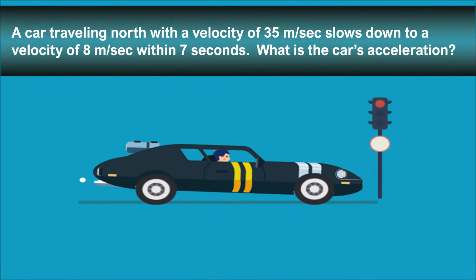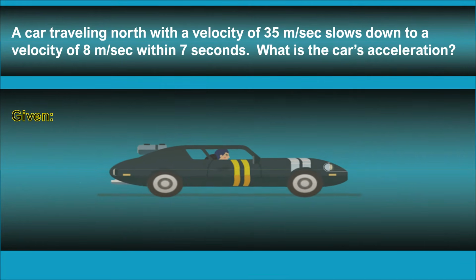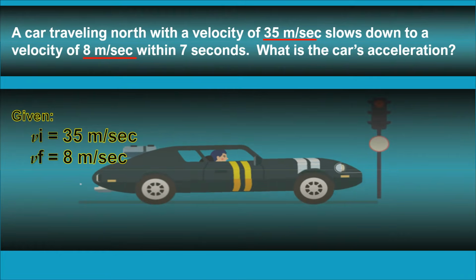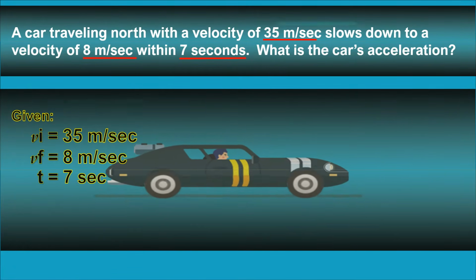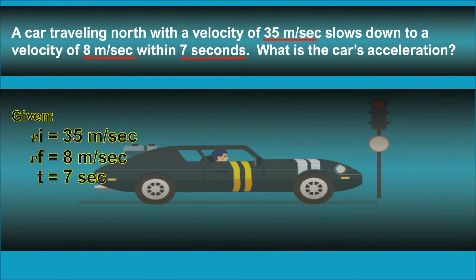First, look for the given. So we have 35 meters per second as initial velocity, 8 meters per second as final velocity, and 7 seconds as time. Next, find out the unknown.